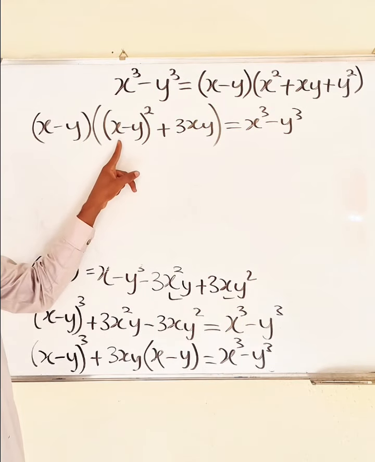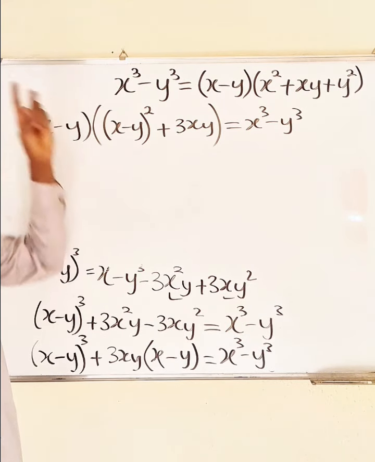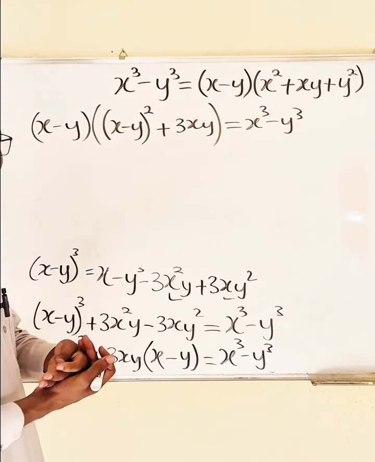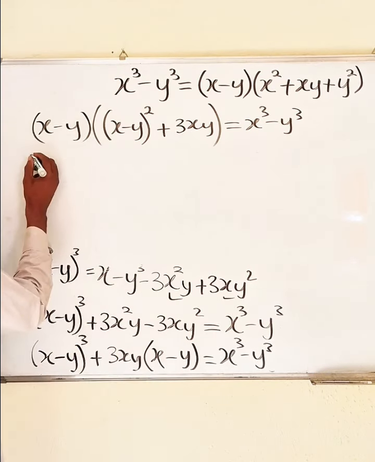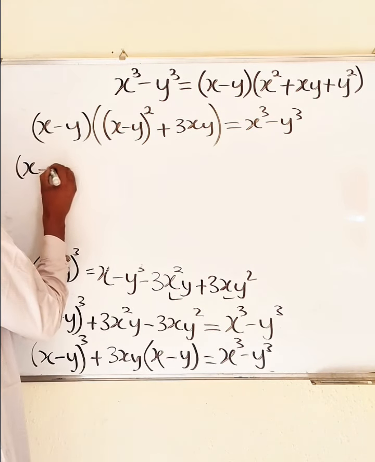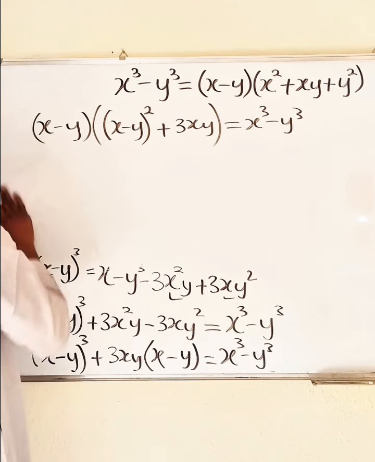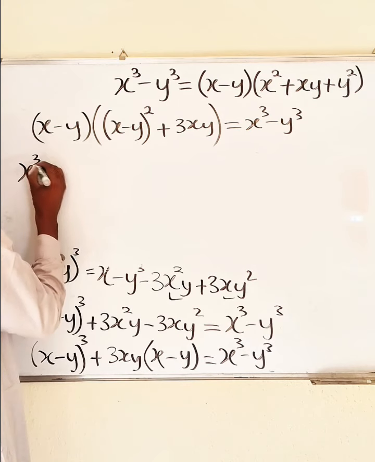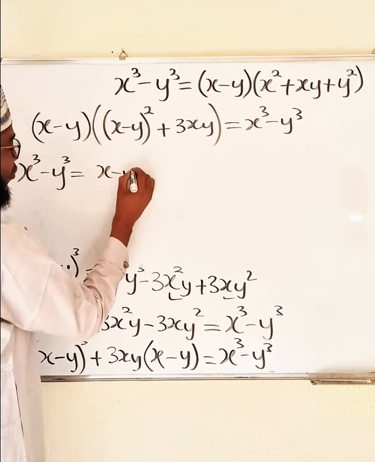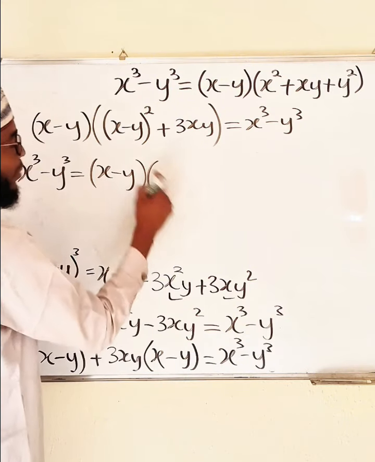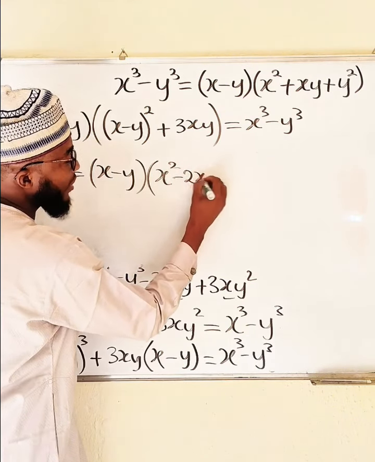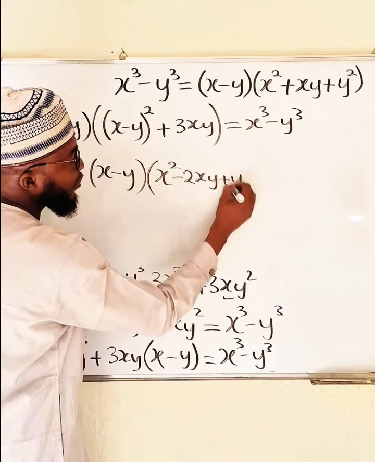Now I would like to expand this x minus y squared. Initially, we have expanded it as x squared minus 2xy plus y squared, right? So let me bring this one to the left. x cubed minus y cubed equals x minus y multiplied by the expansion of this, which is x squared minus 2xy plus y squared.